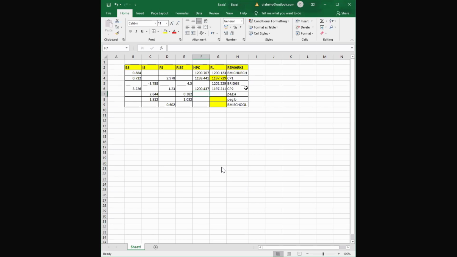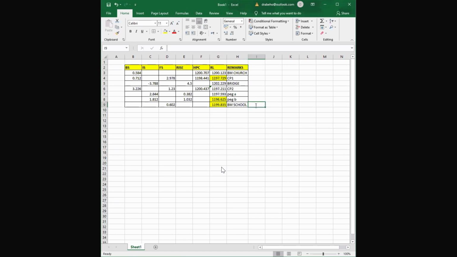So if we compute this minus that, then again this minus that, then this minus that.